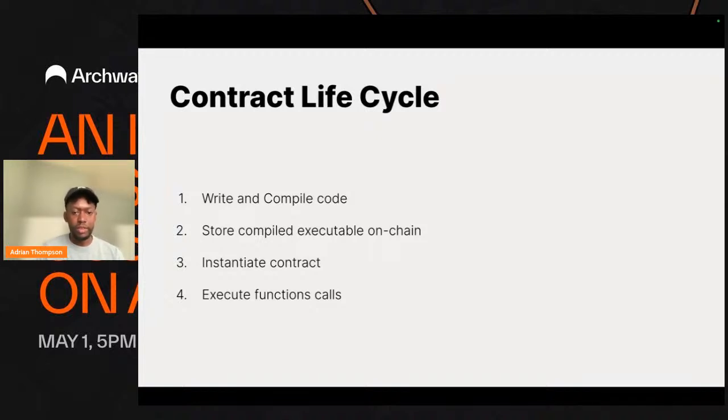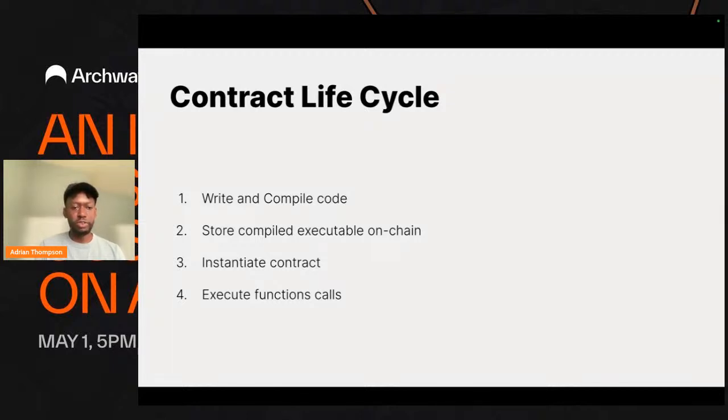So the same code base can be used to instantiate any number of contracts. They will have the same contract core, but an instance of that stored compiled executable is what users will interact with.